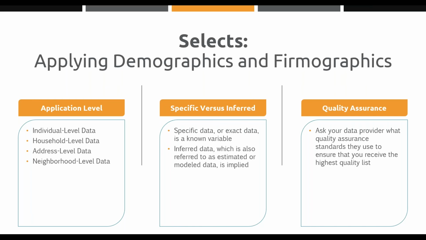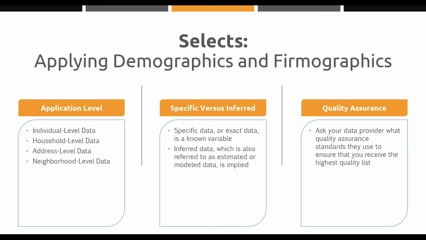When we look at inferred data, this is going to be things that are a bit more estimated or modeled, so it's going to be implied. So there's a couple of different types of elements that could be inferred. So at times income can be inferred, at times home market value can be inferred if it's not available through publicly available sources. So important things to know and to ask your data provider when you're working with selects is, are you getting specific information or are you getting inferred information?